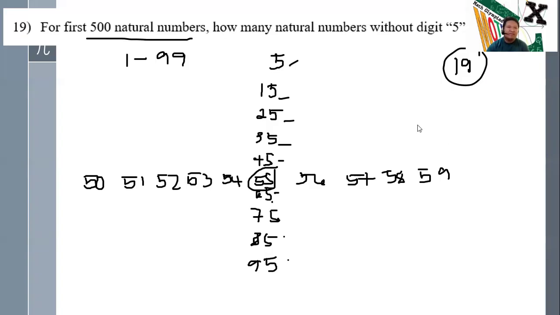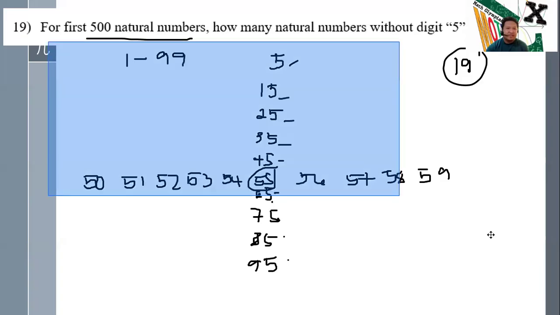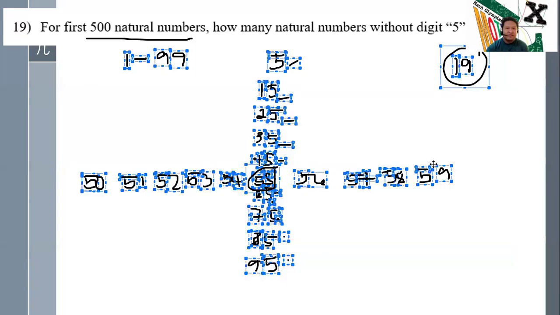So from 1 to 99, there are 19 numbers that have 5. Let's move this one here so that you will see it further.